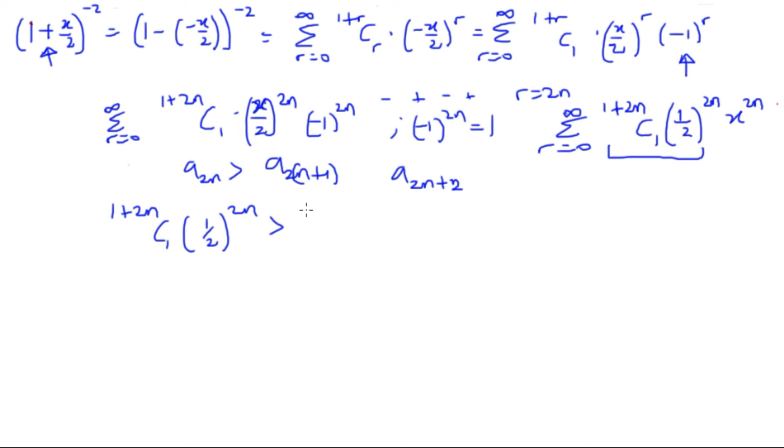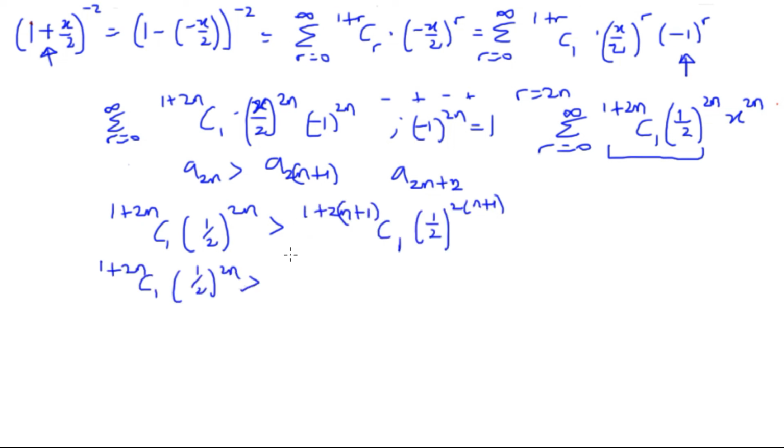Okay, I will have something of this nature: 1 plus 2n greater than 1 plus 2n plus 2, which is the same thing as 3 plus 2n combination 1, then 1 over 2 raised to power 2. So simply because this will actually give us 2n plus 2, this will cancel out with this.